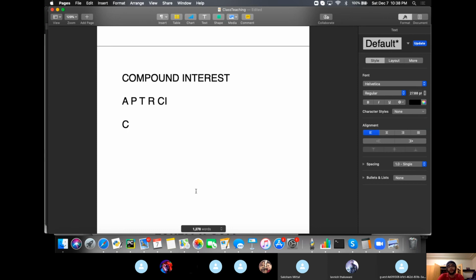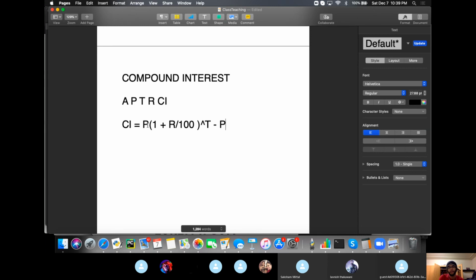So compound interest will be equal to P into 1 plus R by 100, whole to the power T, minus P. Try to understand the formula.